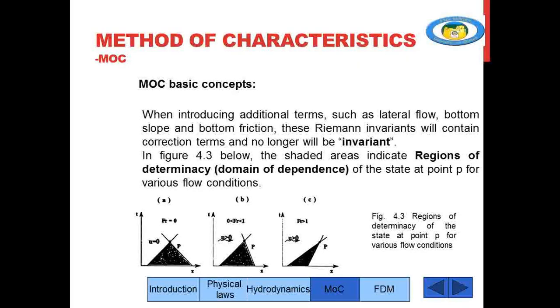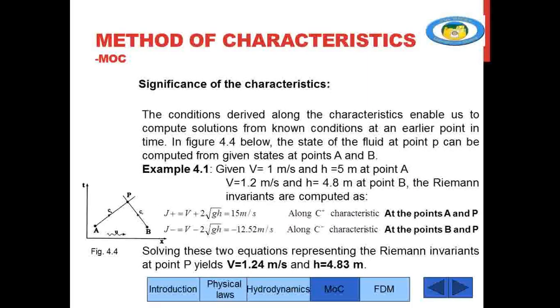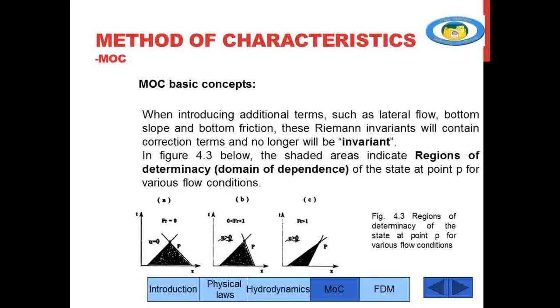As you can see, in case of figure A, they are constant. But in case of figure B, they are not constant. The characteristic directions along C plus and C minus are not constant, which is the case for subcritical flow.